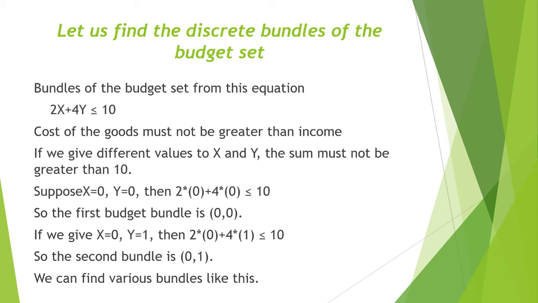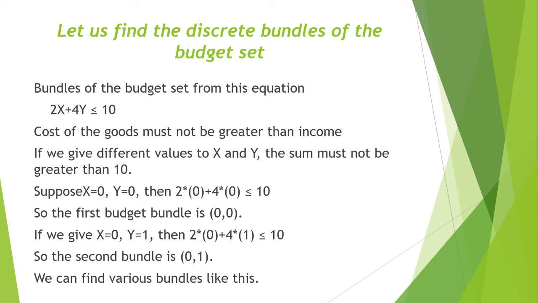Suppose x equals 0, y equals 0, then the equation will be 2 into 0 plus 4 into 0, that is less than 10. So the first budget bundle is (0, 0). If we give x equal to 0 and y equal to 1, then the equation will be 2 into 0 plus 4 into 1, that is also less than 10. So the second bundle is (0, 1).